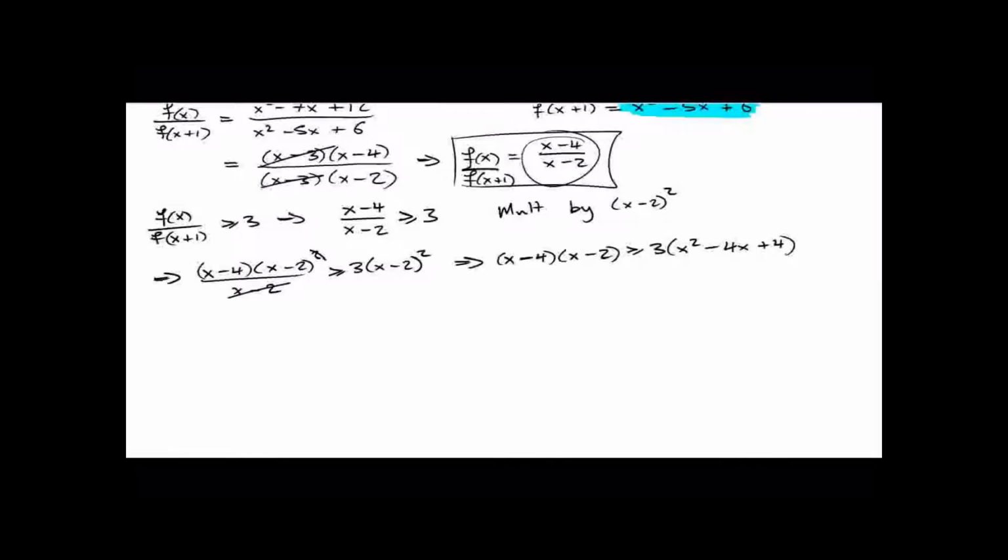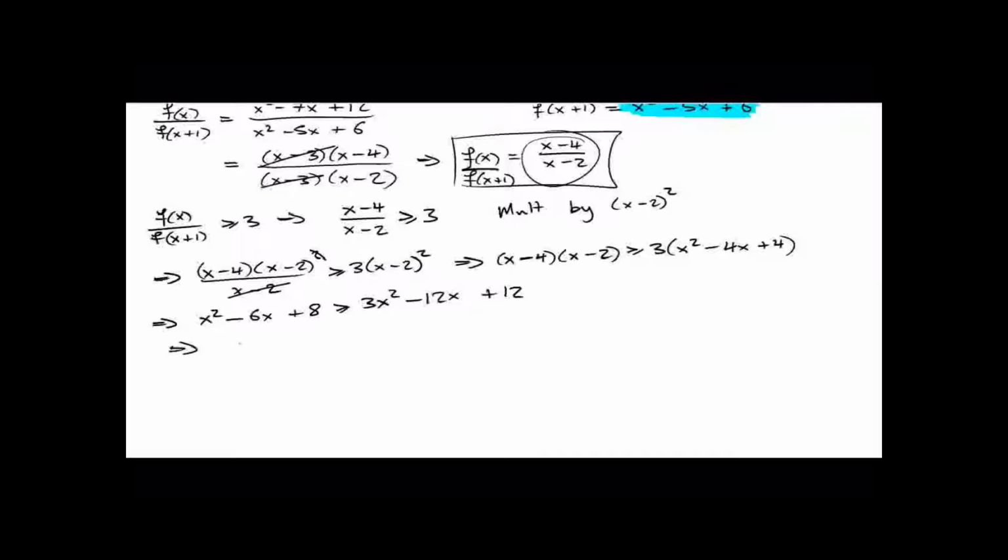If I square out the brackets, square out x minus 2 and you get x squared minus 4x plus 4. Now on the next line I'm just going to completely multiply out the top and the bottom. If I multiply out the top I get x squared minus 6x plus 8 is greater than or equal to 3x squared minus 12x plus 12.